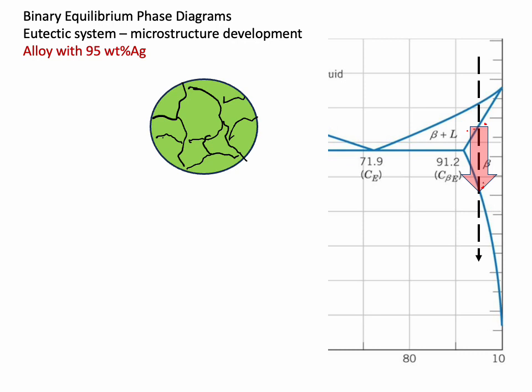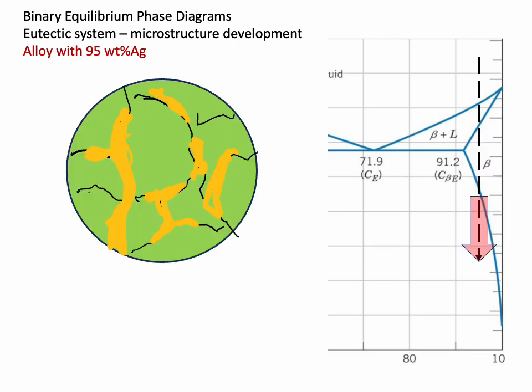Once I cross the solidus line, now I'm in the region that has alpha plus beta. And I'm mostly beta, and I get to a place where beta is taking on more silver, but it can't take as much copper. And so alpha forms at the beta grain boundaries, like that.